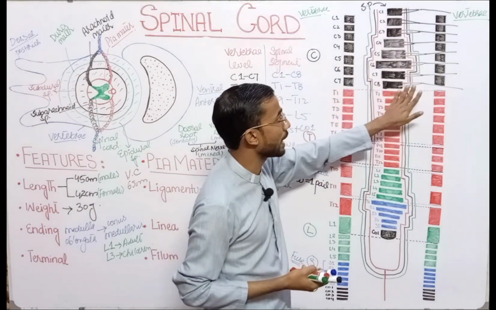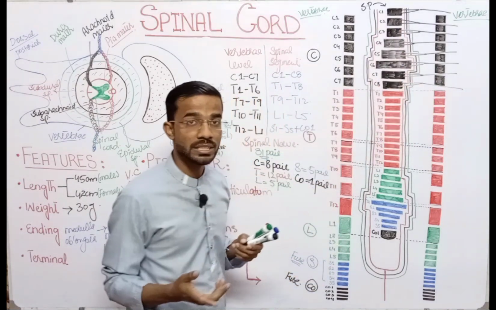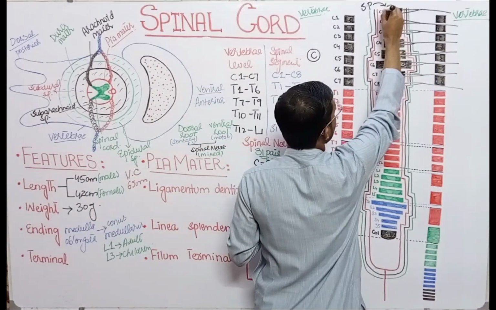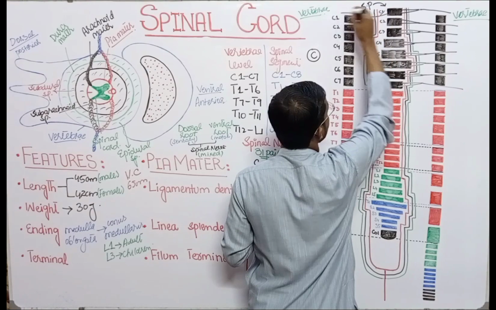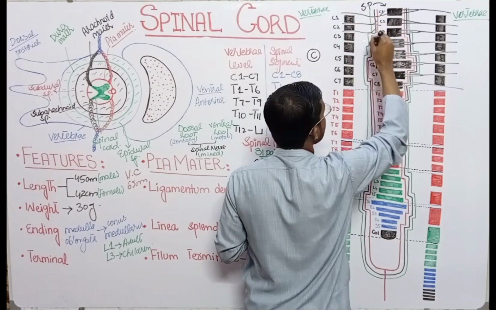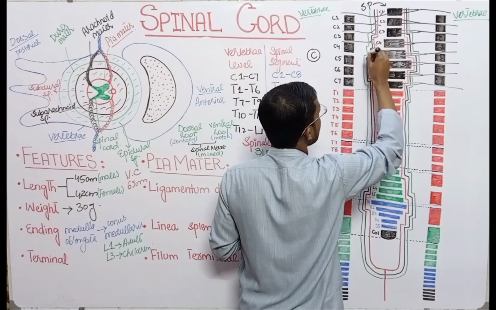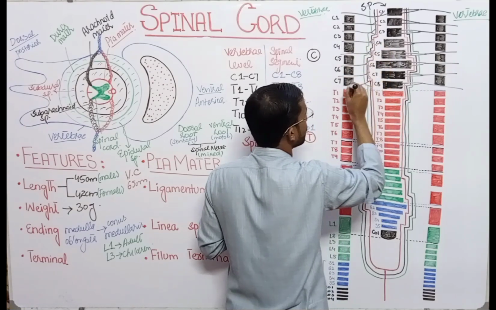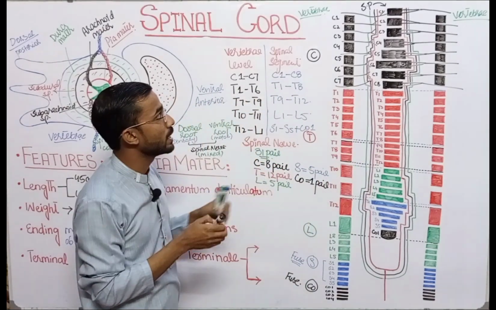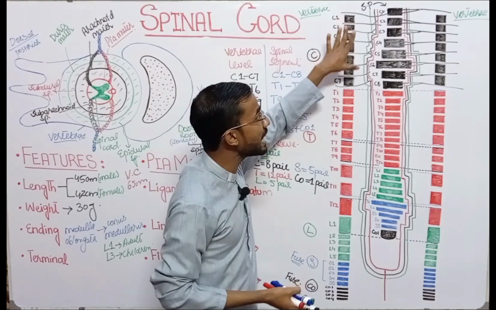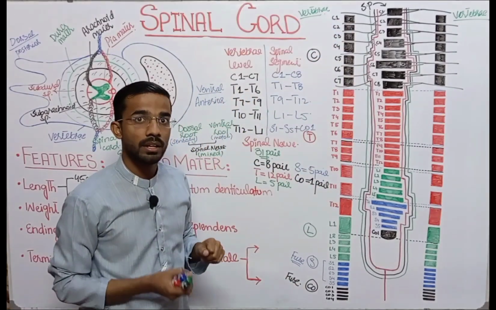This is one side, and as we discussed, the spinal nerves are present in pairs. So the pair is complete if we see it this way. As we discussed, there are 8 pairs of spinal nerves in the cervical region.